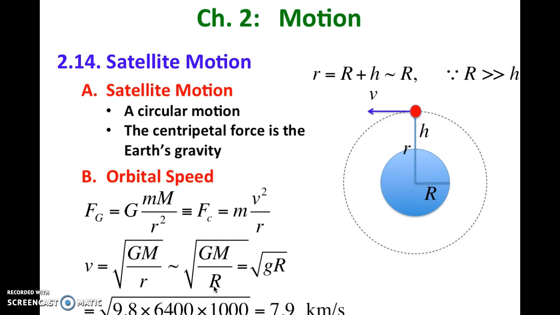In this case, we can determine the orbital speed, based on the gravity being the centripetal force, as the square root of little g, the gravitational acceleration constant, times the Earth's radius, which is equal to about 7.9 kilometers per second. So the orbital speed is 7.9 kilometers per second.